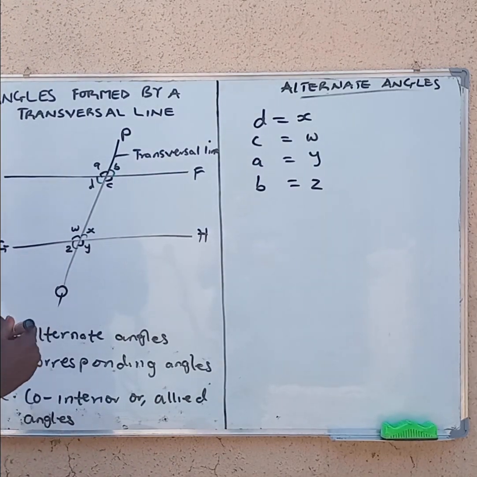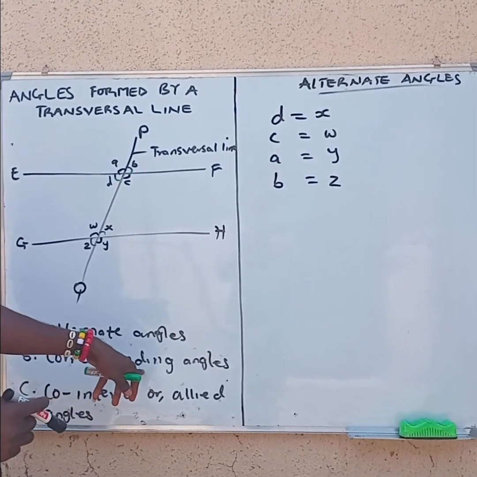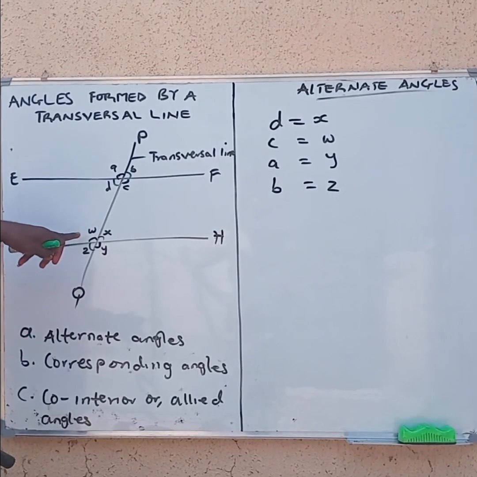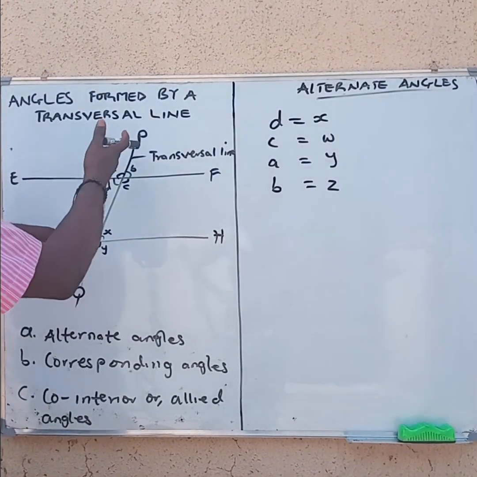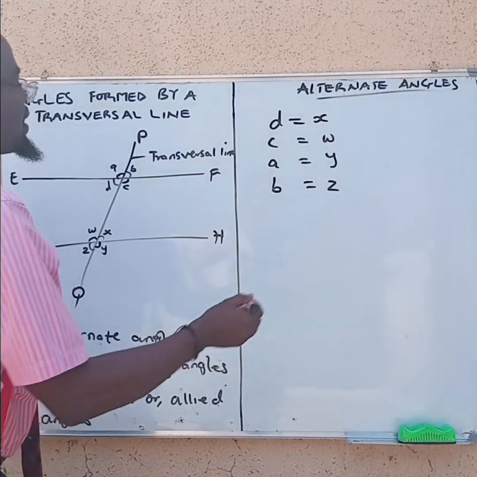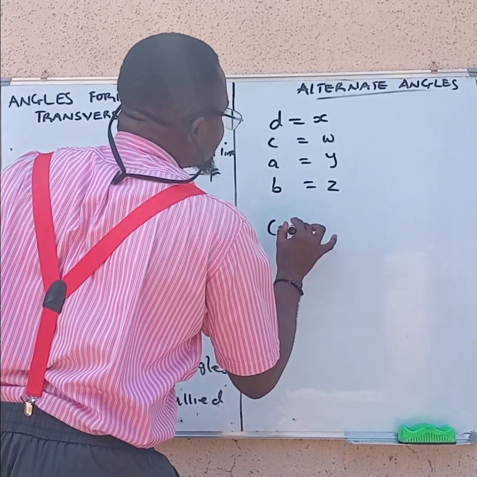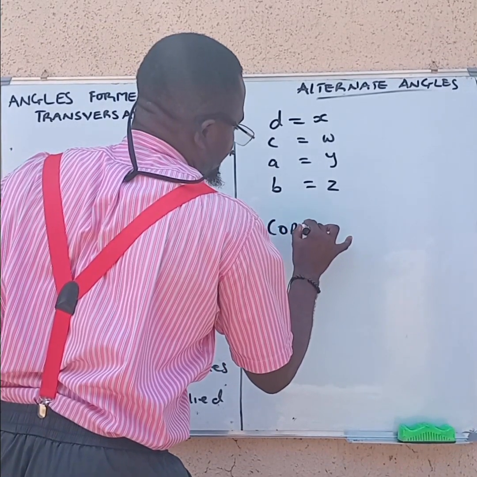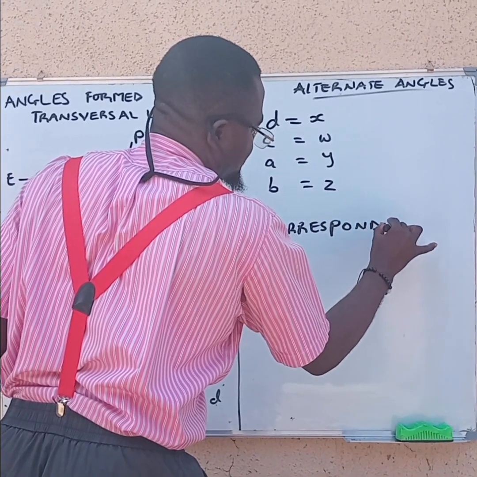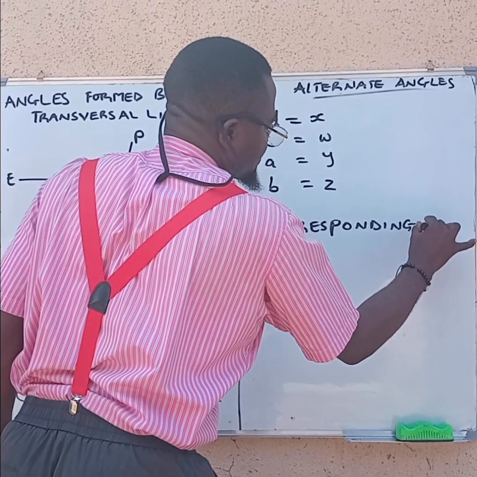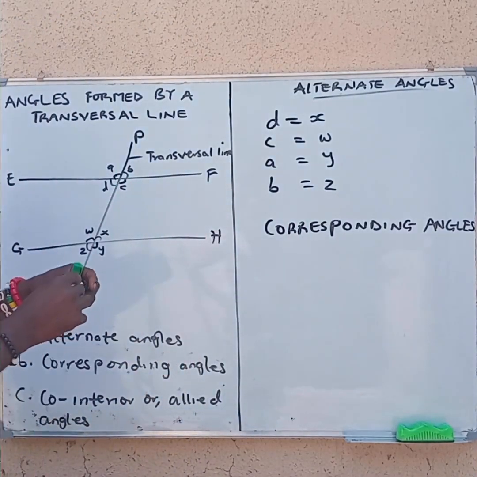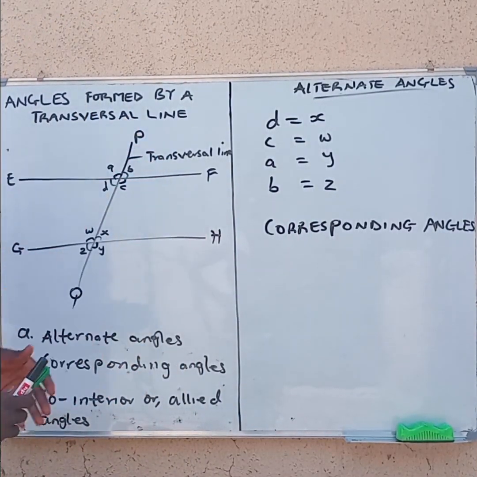Now, if we want to look at the corresponding angles, you can see A is equal to W. These are corresponding angles. D is equal to Z. You are going to enjoy this when we start forming these angles.